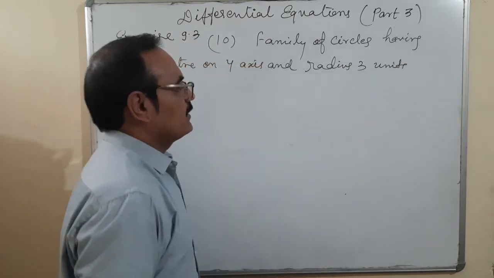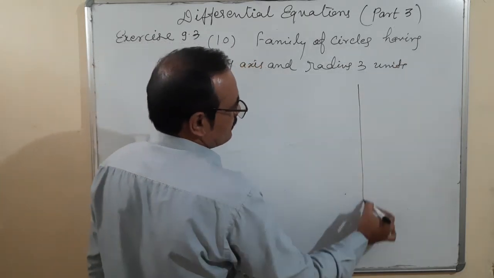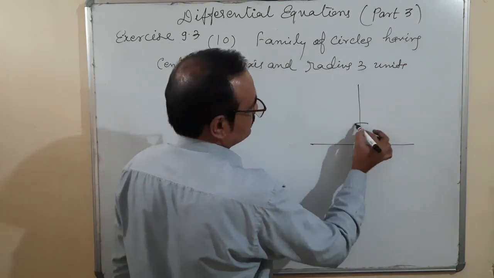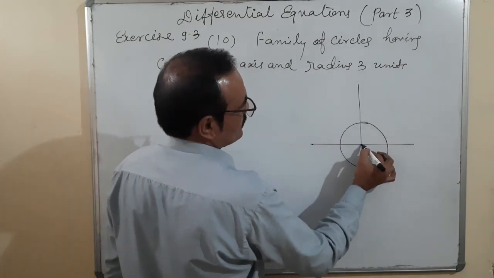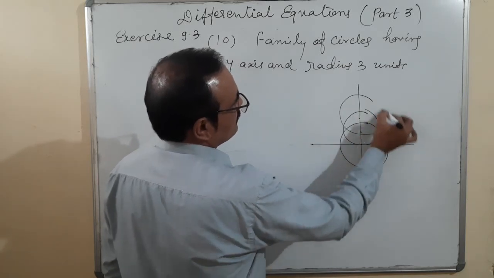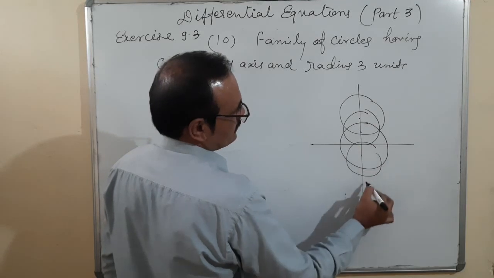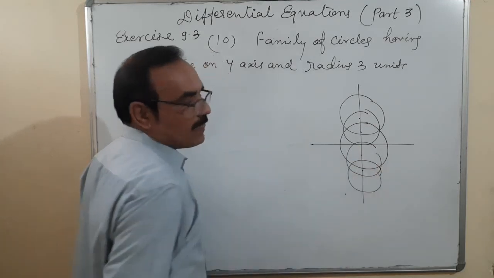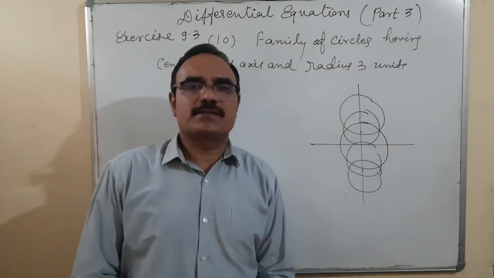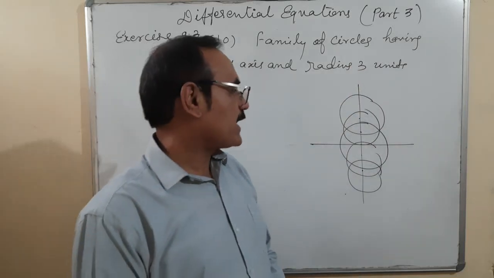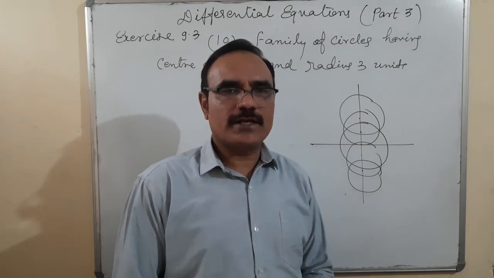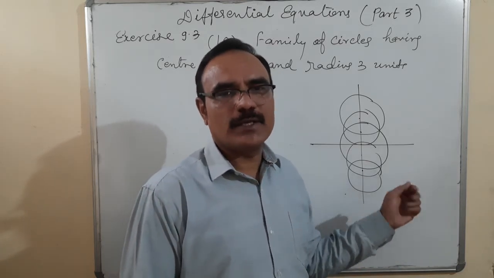Okay, so which type of diagram is required here? Center on y-axis. This is the center, here's the center, this side the center. Radius is fixed, so center is along the y-axis. Center along the y-axis means the x, first coordinate abscissa is 0, only ordinate is there. So we'll consider let the ordinate be a.